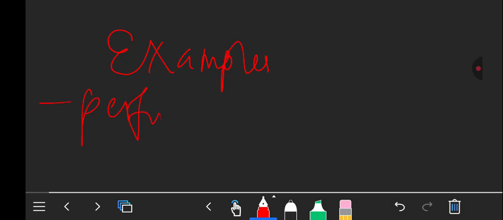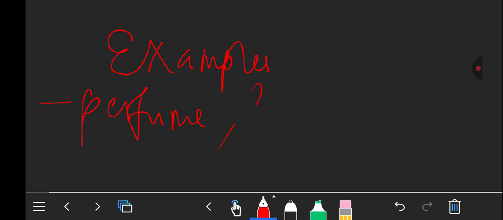So let's now understand some examples. Examples of esters: the perfume that we wear, that mostly girls wear. It is smelling. It might smell sweet. That is an ester.